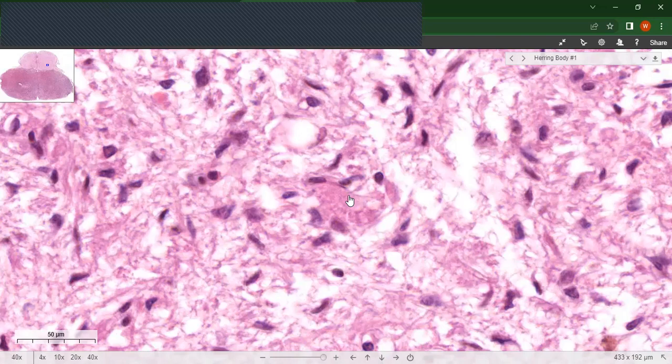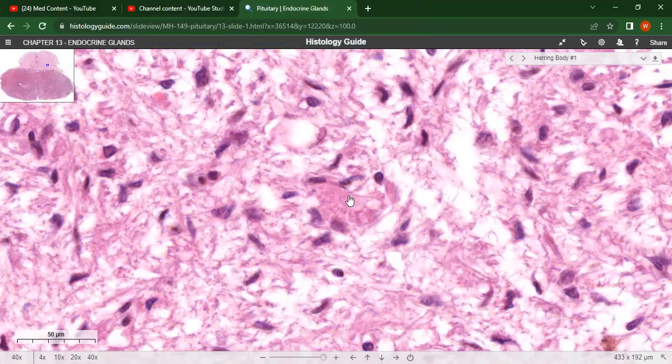Remember the function of oxytocin during labor, and also the function of ADH, vasopressin, which controls the amount of water that is reabsorbed in the renal tubules. Oxytocin acts on the myometrium, causing uterine contraction during birth, and also targets the breast myoepithelial cells for milk secretion.